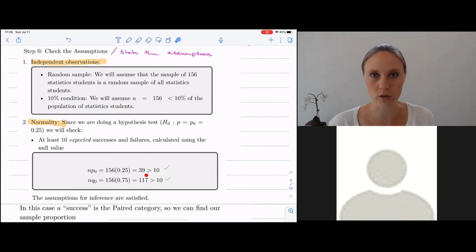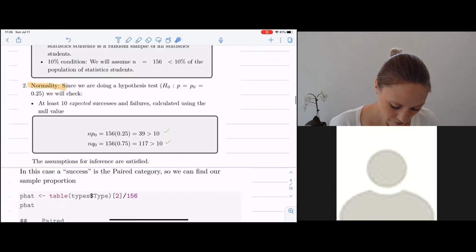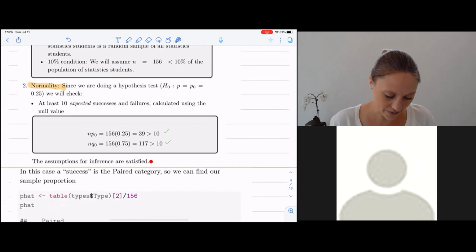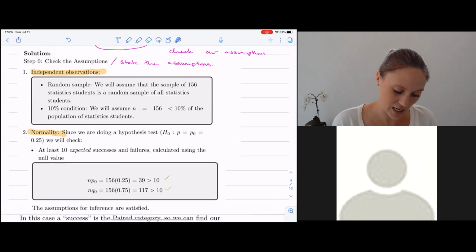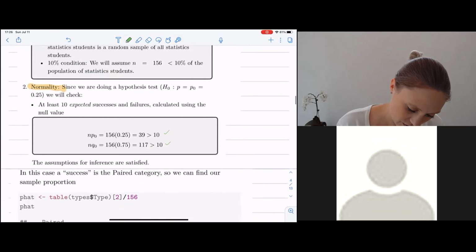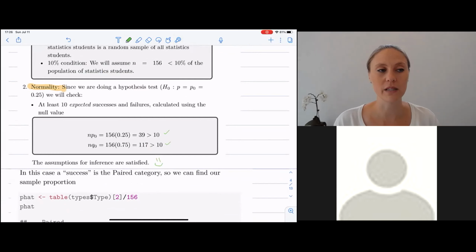So they always will work out. The issue is that you have to check them and you have to know to do it. So now that we've checked the independence condition and the normality condition, we can say that the assumptions for inference are satisfied. And we are so happy about that. Whee! That's always going to be the case.